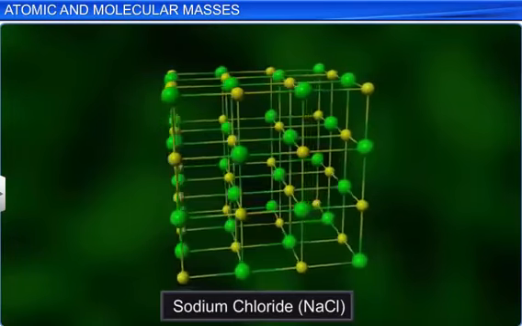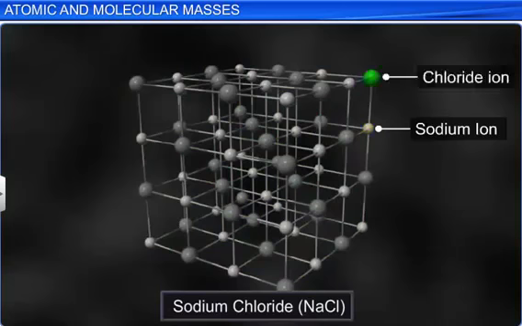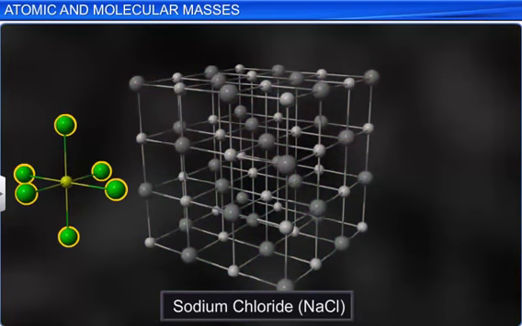For example, in the sodium chloride crystal, an ionic bond is formed between a sodium ion and a chloride ion. However, in its crystalline form, each sodium ion is surrounded by 6 chloride ions. So, we have to calculate the formula mass instead of the molecular mass.